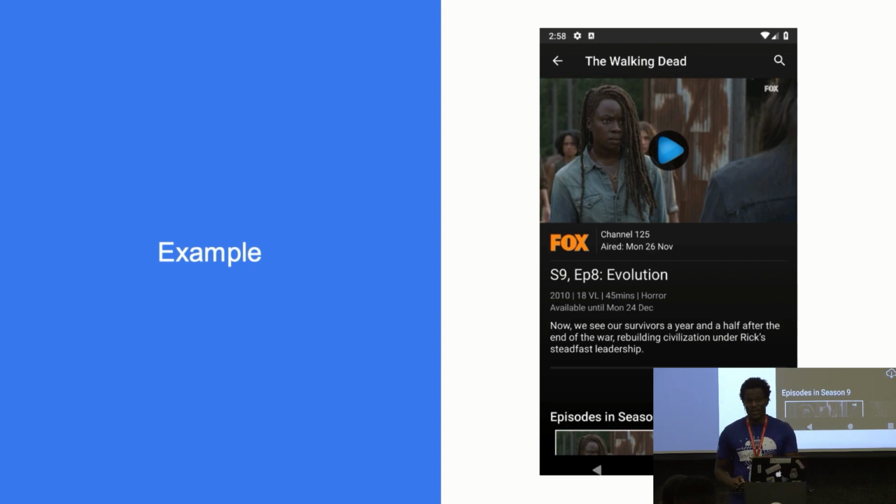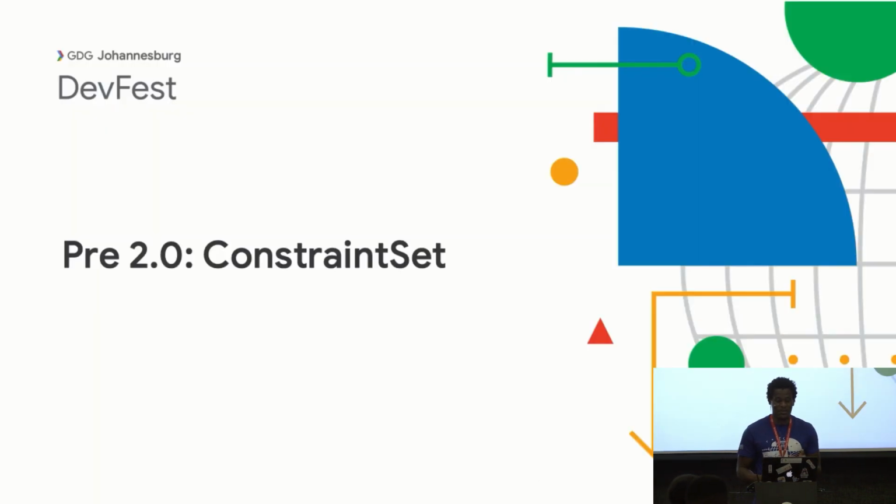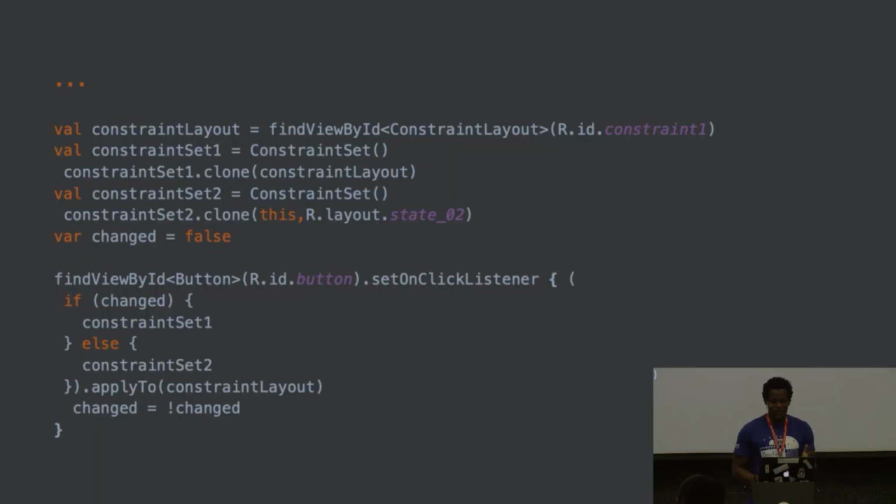But if you started using constraint layouts, you know that in constraint layout they've got what they call constraint sets. With constraint sets, it would look something like this. This is in Kotlin, but it's basically Java anyway. It looks the same. I'm going to explain what this is doing.